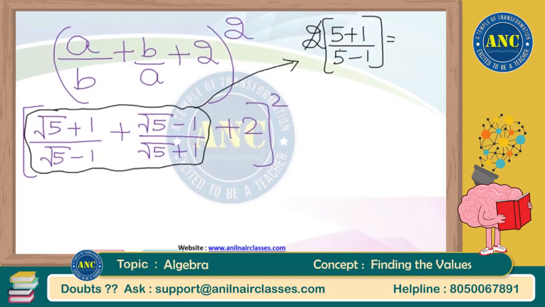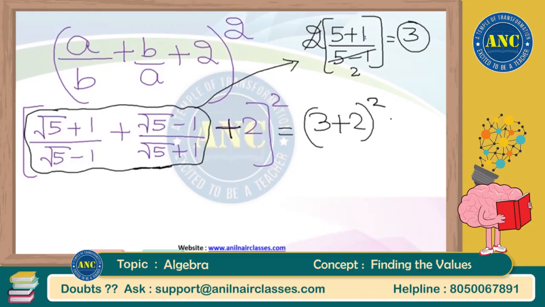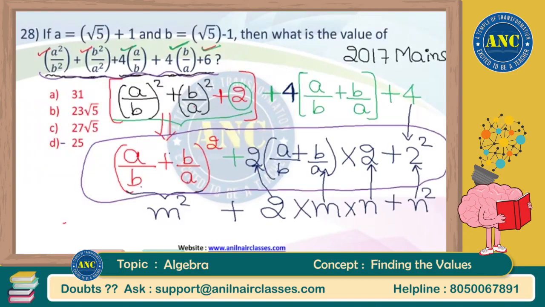So 2 into 1 is 2, 2 into 2 is 4, 5 plus 1 is 6, 6 by 2 is 3. That means this entire black color marked one is 3 plus 2. Answer is 3 plus 2 whole square. Answer for this question is 5 square, which is 25. Answer for this question is option D. Right?